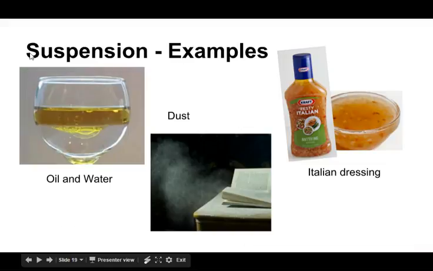And suspension examples. Oil and water is a suspension. Dust, this cloud of dust right here that you blow off of a book, is a suspension. Italian dressing that goes on your salad. Italian dressing is a suspension.